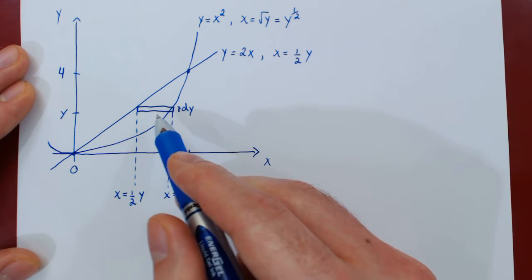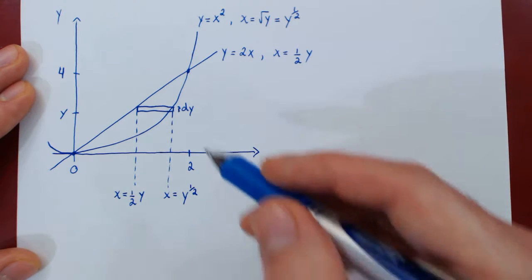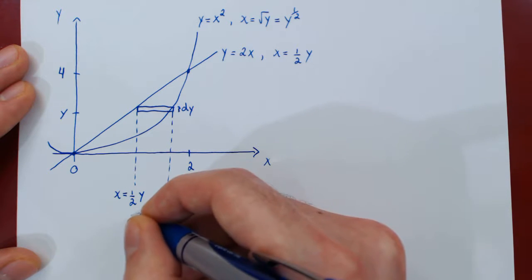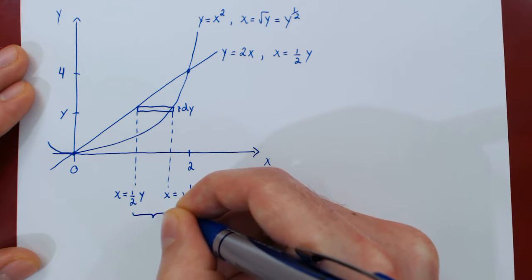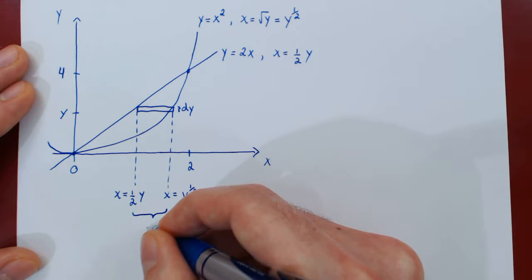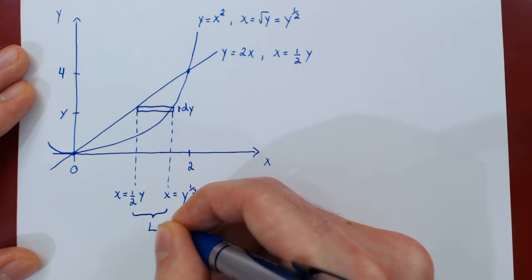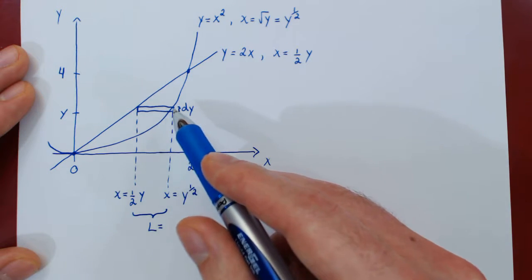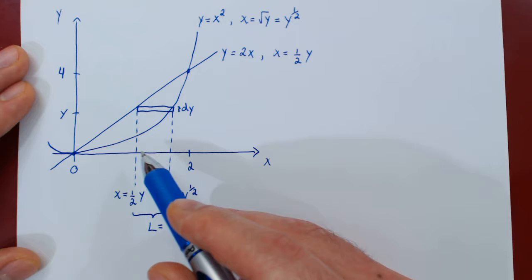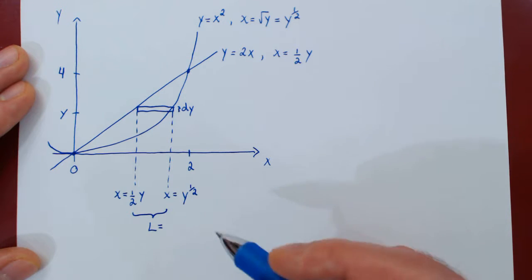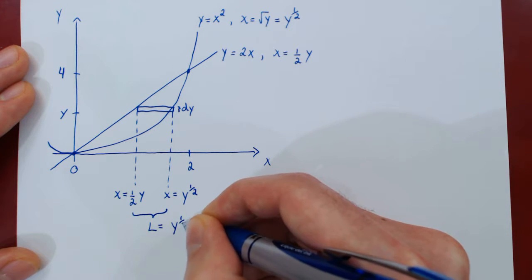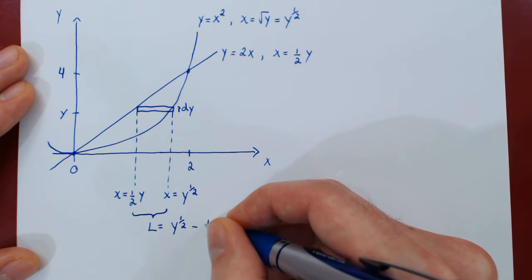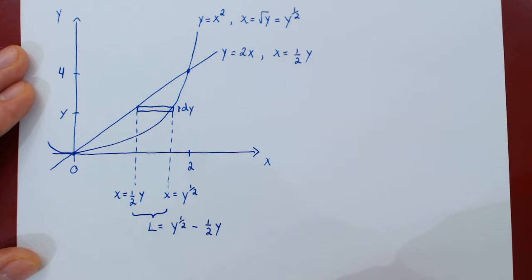So the area of this rectangle will be the length of the rectangle times the width. If I call this L for the length of the rectangle, well, again, it's the segment along the x-axis. So the length of the segment will of course be the larger x value minus the smaller x value, in terms of y.